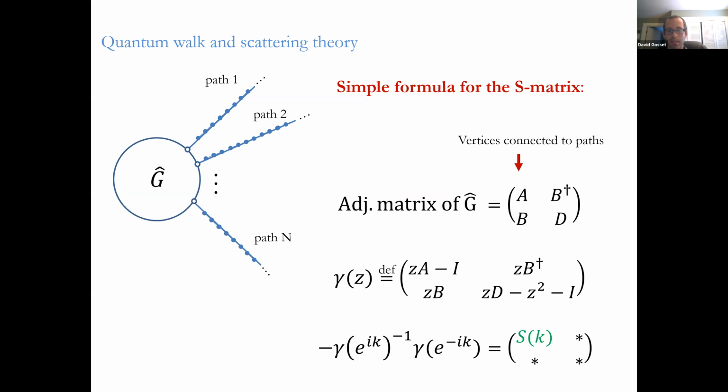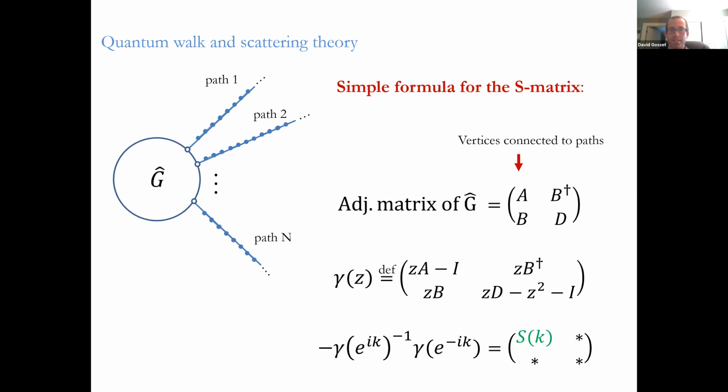You construct gamma with argument e to the ik, invert it, multiply that by gamma of e to the minus ik, and put a minus sign in front. You get a block matrix, and you look at the top left block, which is n by n. That top left block is the S matrix at momentum k. If there are issues with inverting gamma, you can take a limit as you approach the desired value of k.